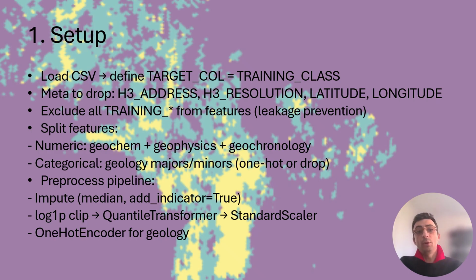So by doing this, we won't have any leakage because label-helper columns are excluded from features. Also, missing values, skew, and outliers are handled consistently. And it's a solid single pre-processing step that plugs into any model pipeline. So training and predictions use the exact same pre-processing.